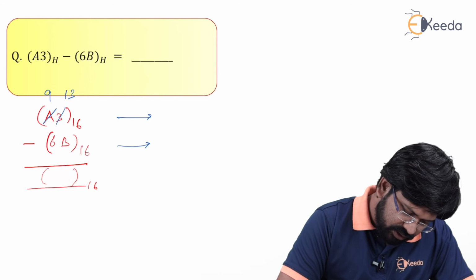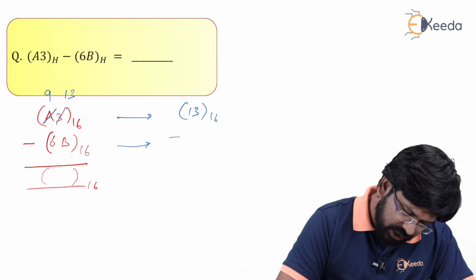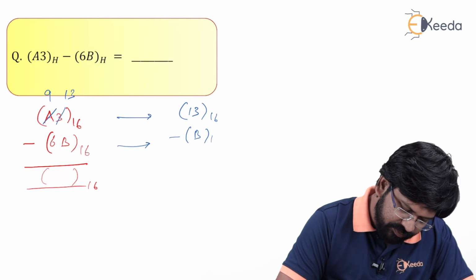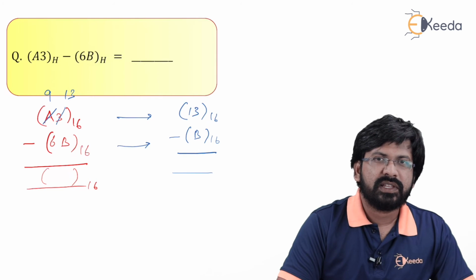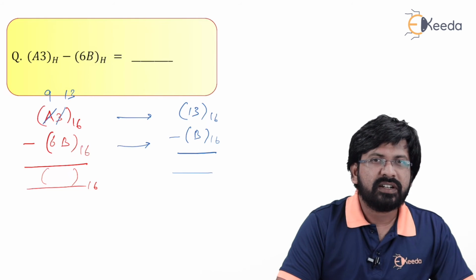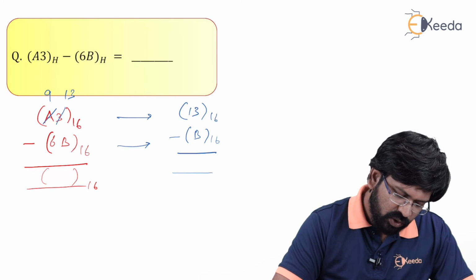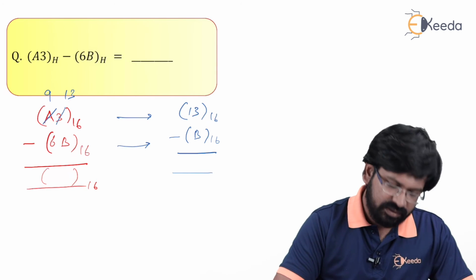First I want 13 to the base 16 minus b to the base 16 as a subtraction. Since we are not comfortable with hexadecimal subtraction but we are quite comfortable in decimal subtraction, why not convert this into decimal subtraction?